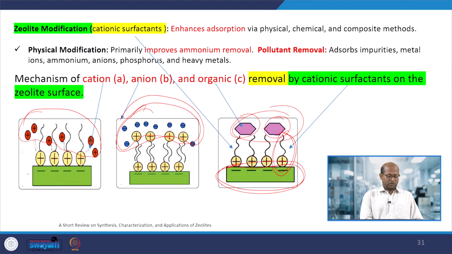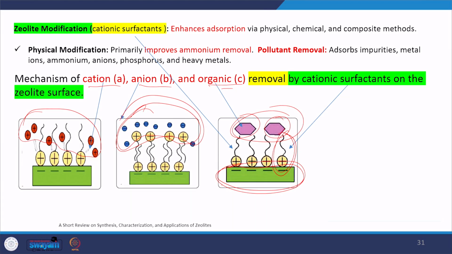If we modify the zeolites with cationic or anionic surfactants, depending upon the application, we can use them for separation of cations, anions or organics from wastewaters, removing those pollutants.